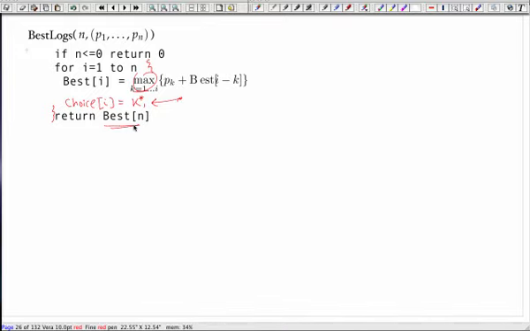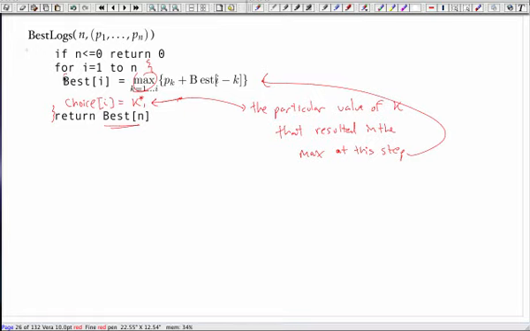Yes, question? Okay, so this right here is the particular value of k that resulted in the max at this step, the particular value of k that resulted in the max during this computation.